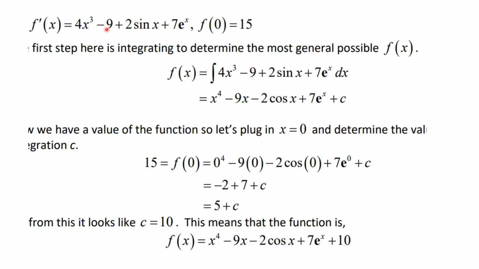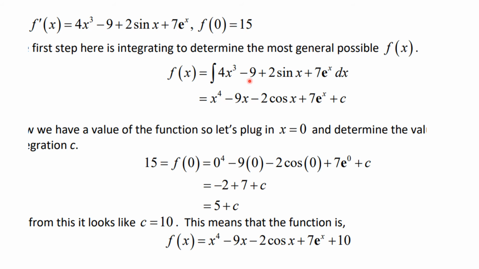Okay, so here, first thing that we're going to do is integrate f prime. So we integrate this, and I will find that f of x is equal to the indefinite integral of that. I will do each term. The indefinite integral of 4x cubed with respect to x is x to the fourth.